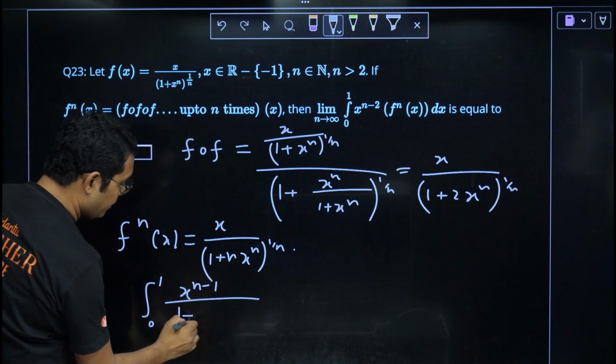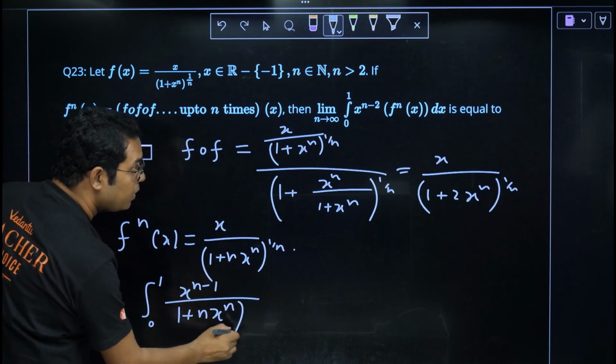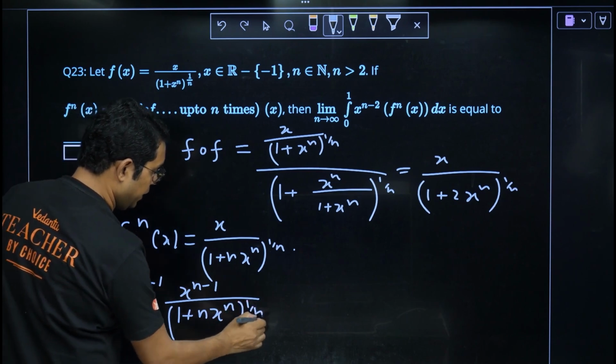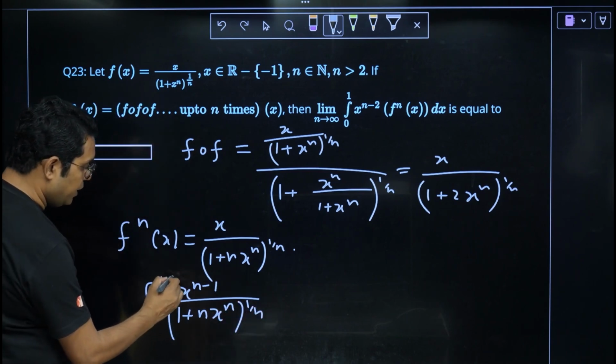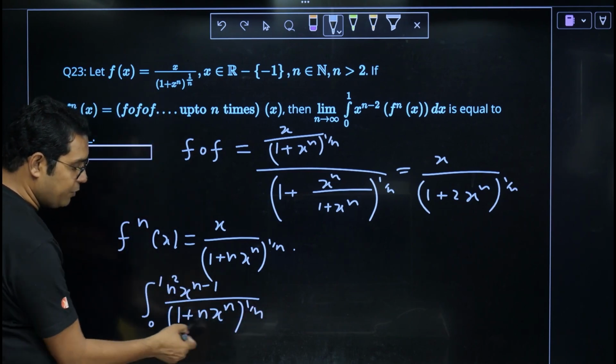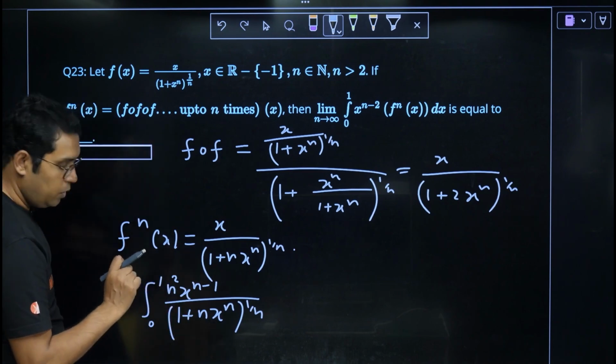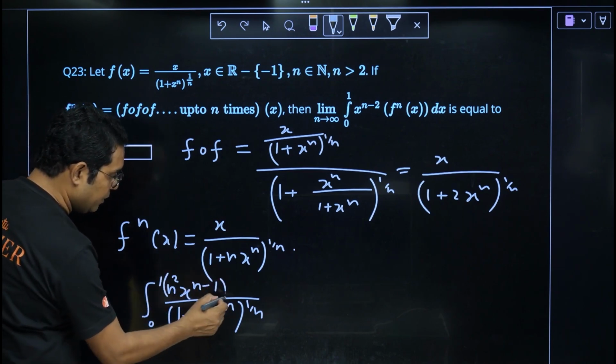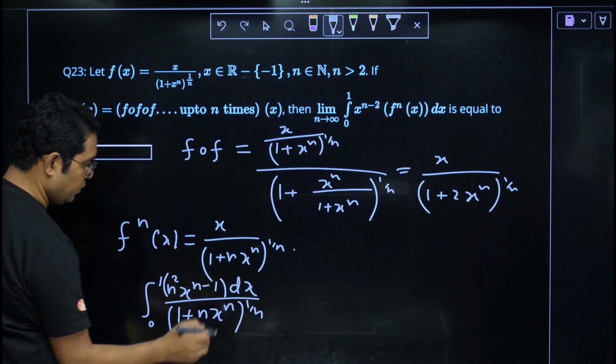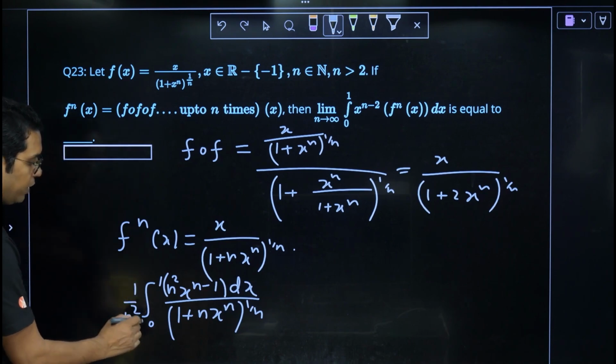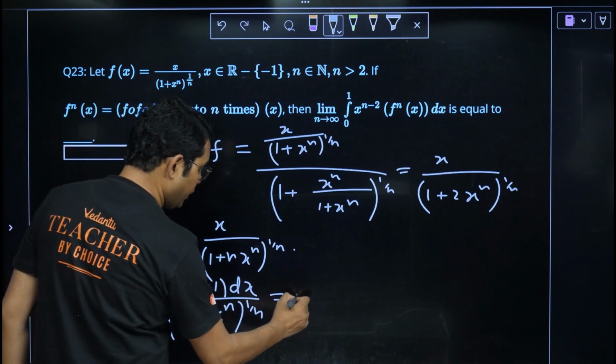So upon (1 plus n into x power n) whole power 1 upon n. Now you can see if n square is here, this will become the differentiation of this bracket. For that I'll have to put 1 upon n square outside also. So 1 upon n square.